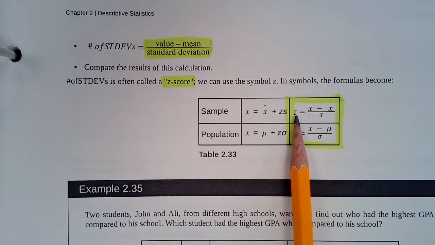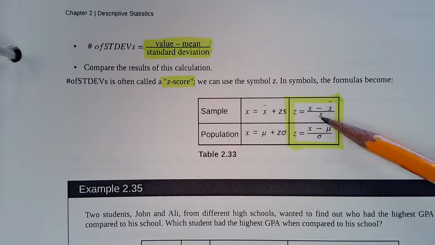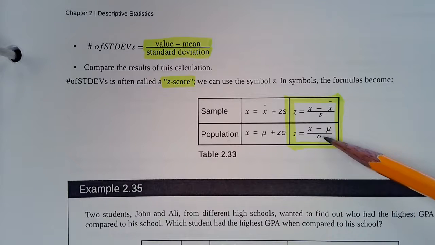That gives us the z-score. Now, whether it's coming from a sample or population just means that you're going to use the mean and standard deviation from the sample or the mean and the standard deviation from the population. But you have to convert these to z-scores before you can actually compare them to each other because we're getting them from different data sets.